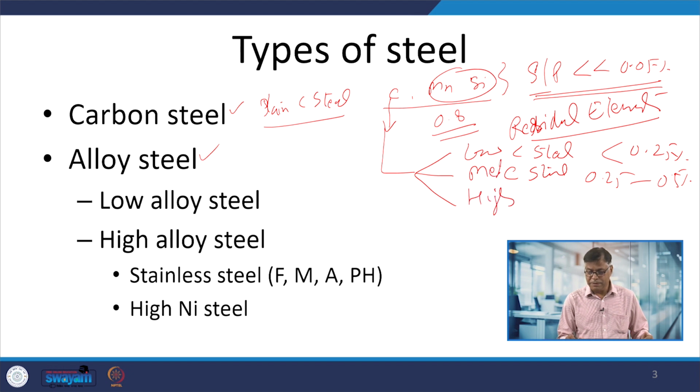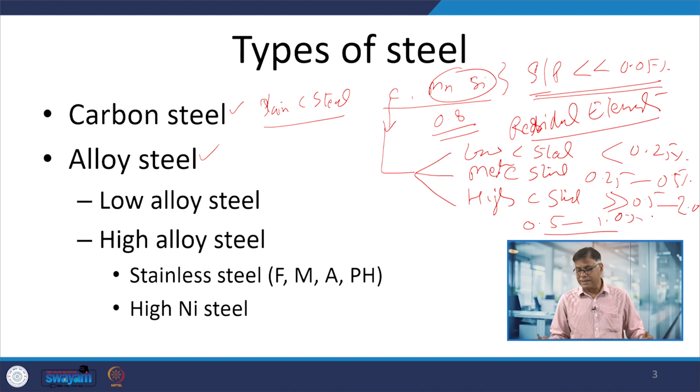High carbon steels will have the carbon content greater than 0.5, but there is a limit. Theoretically, this limit is around 2%, but we usually do not have steels greater than 1%. So, carbon content in high carbon steels is usually 0.5 to 1%, but theoretically it can be as high as 2%.